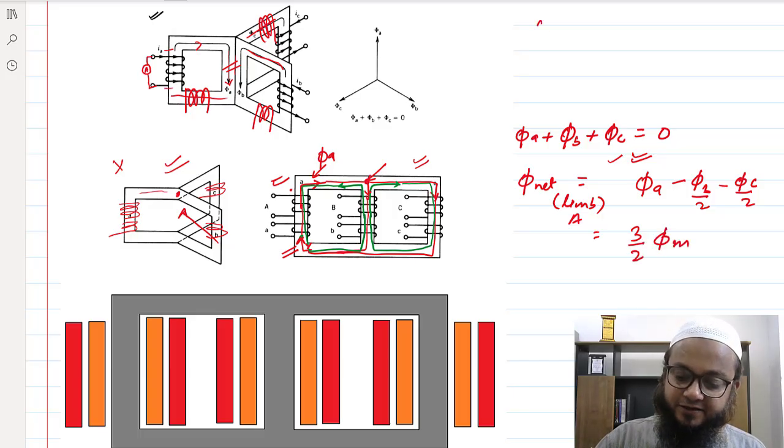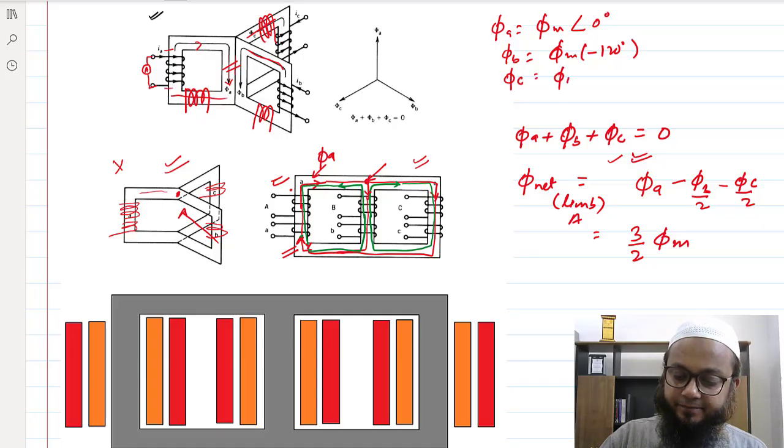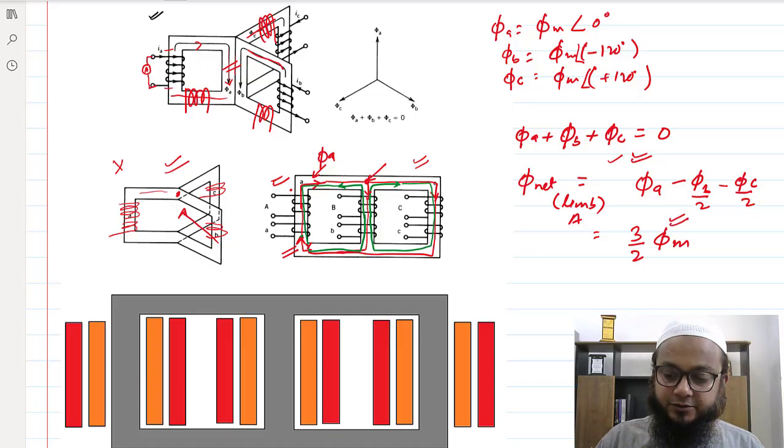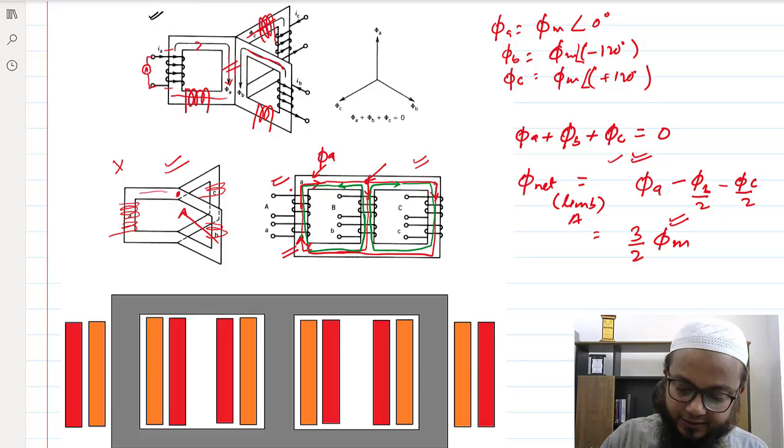Let's say phi A is phi m at an angle of 0 degrees, phi B is phi m at an angle of minus 120, and phi C is phi m at an angle of plus 120 degrees. So if you do the phasor sum, this magnitude will come, okay, 3 by 2 times phi m. So simply, you can draw the phasor diagram. It's easy to solve, let's say in this diagram only.